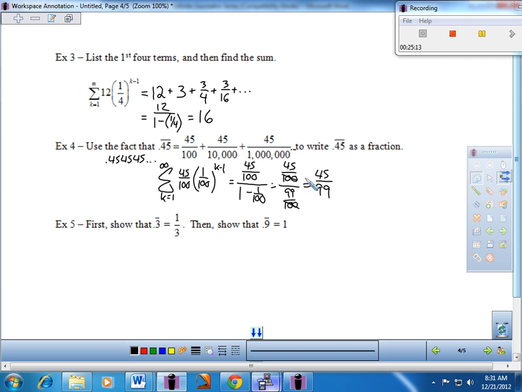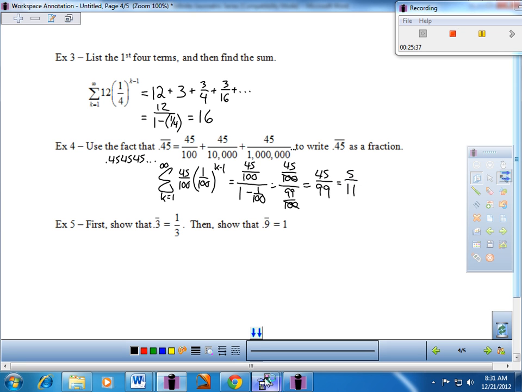It does say 0.45 repeating as a fraction. That is a fraction, but I would argue we can go a little further, as that does reduce. So 45/99 is a good answer, but a better answer is probably 5/11. 9 goes into this and this, so 5 over 11.